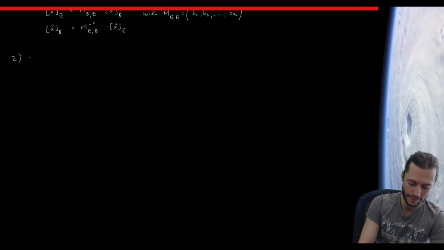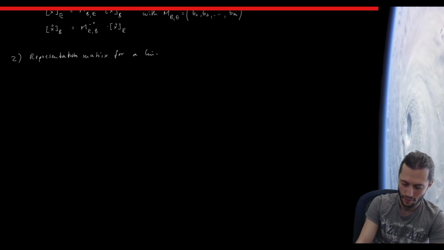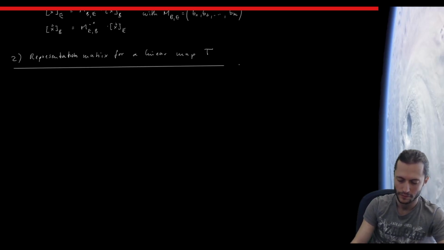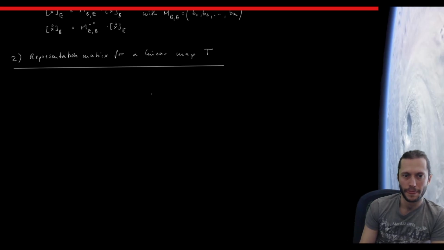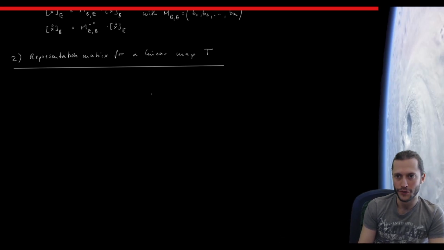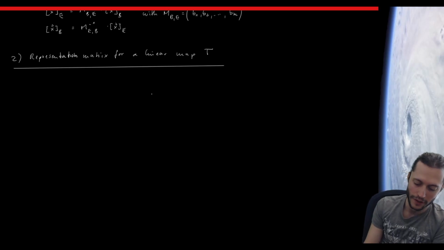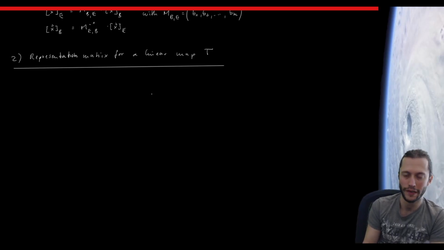Let's write that down first. So I want to introduce the matrix representation of a linear map in a way where we first look at the change of coordinate matrices in a slightly different way, asking, what did we really do there?